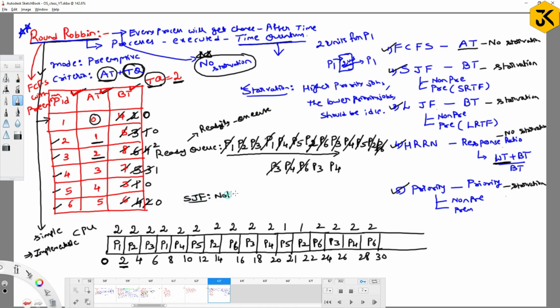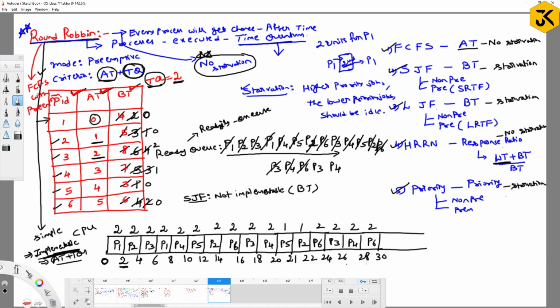It is not implementable. The reason is here we need to work with the burst time, right? So predicting the burst times is going to be a difficult process. That's why it is not implementable. Coming to round robin, as we are not working with burst times, we are working with only arrival time and the time quantums. Definitely it is going to be implementable, right?